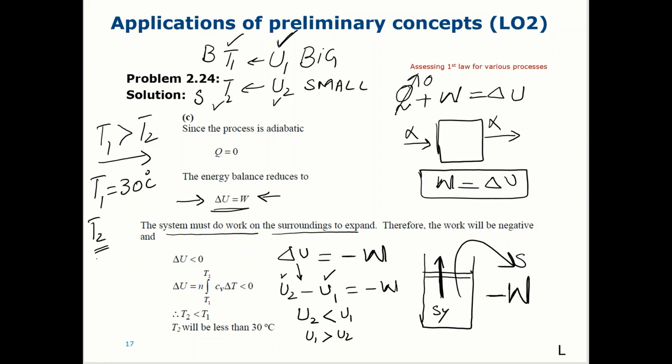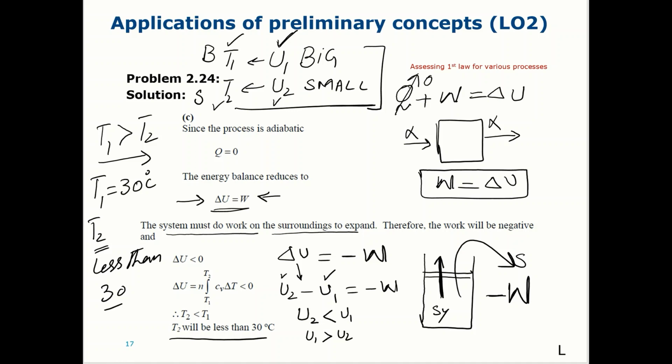That should be less than 30 for sure, based on the logic which I explained here, right? So this is the explanation of how, based on your common sense, you can tell that final temperature in this case of adiabatic process would be less.